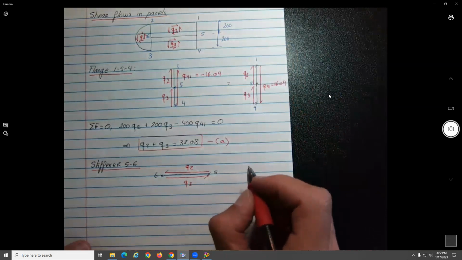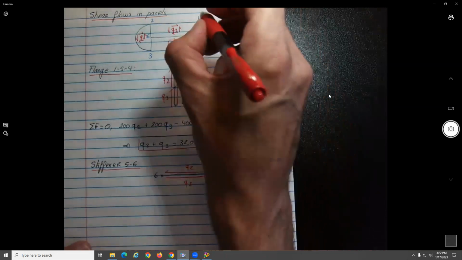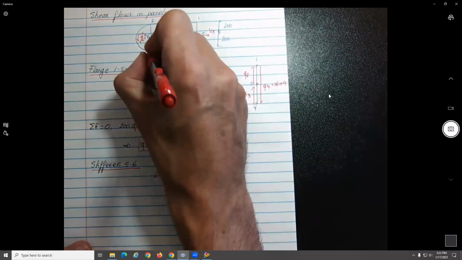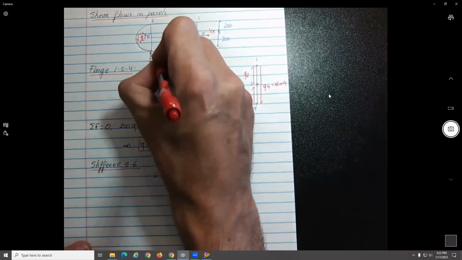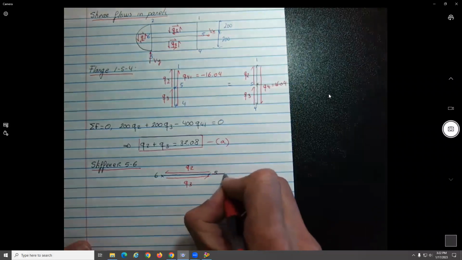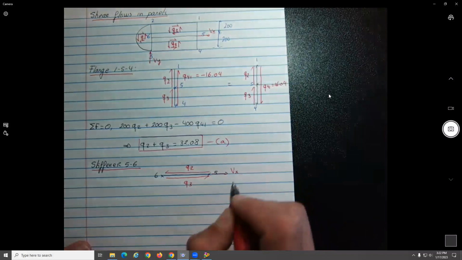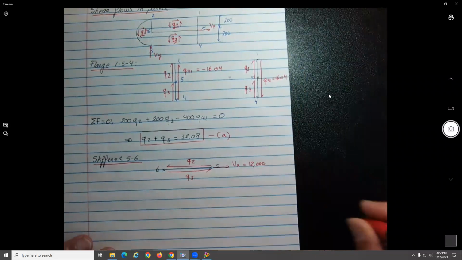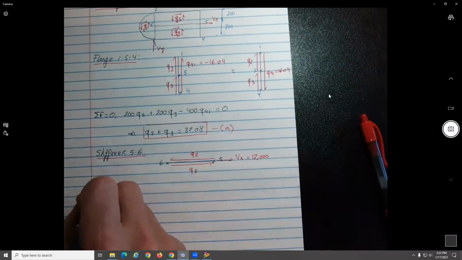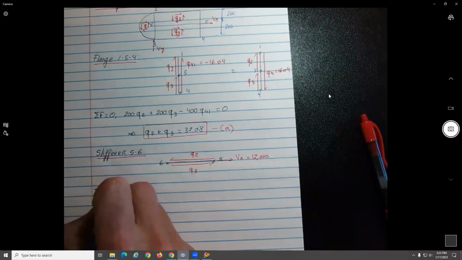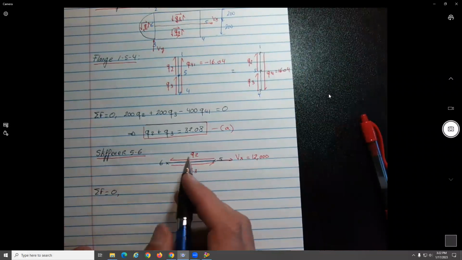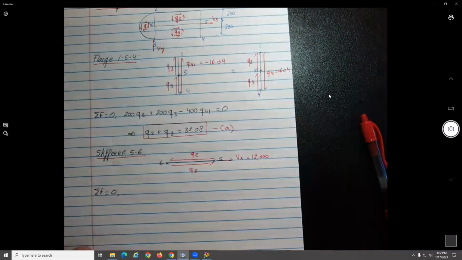And what do we have at 0.5 acting? Here we have the Vx, here the Vy. So I put here Vx, which is equal to 12,000. We do the summation of forces equal to 0. So what is that distance? It's 600.